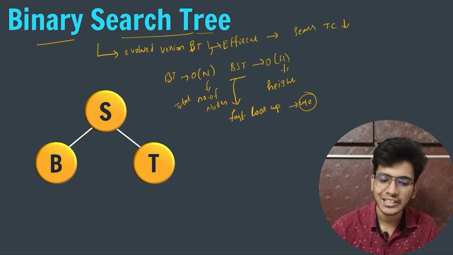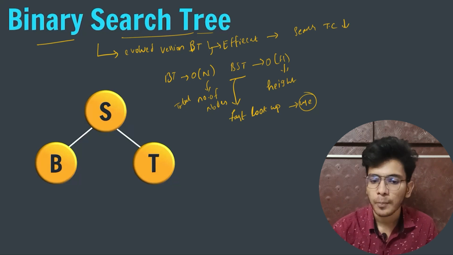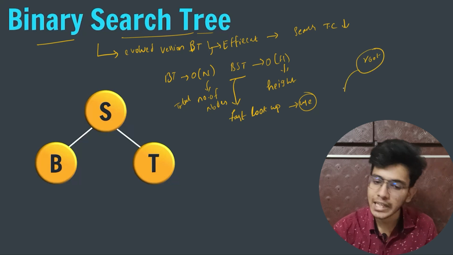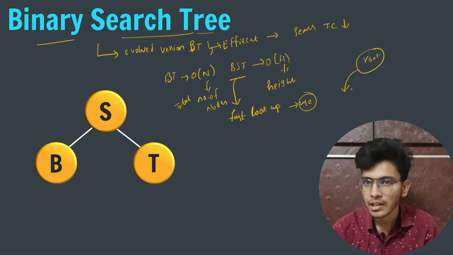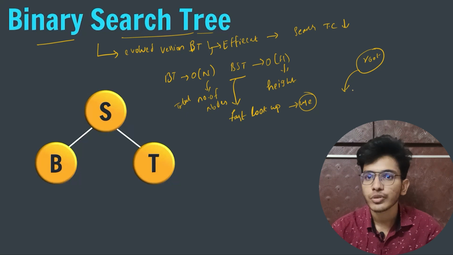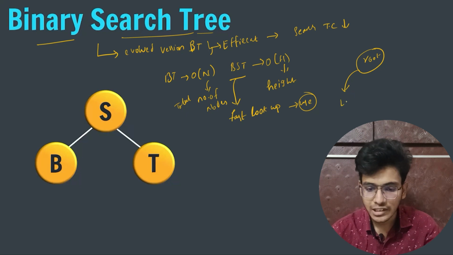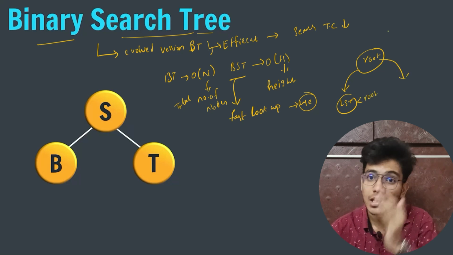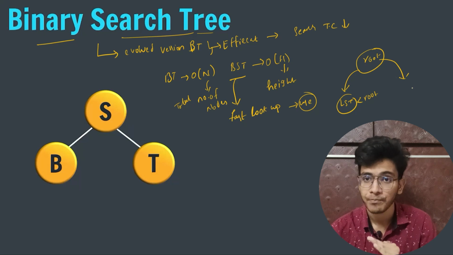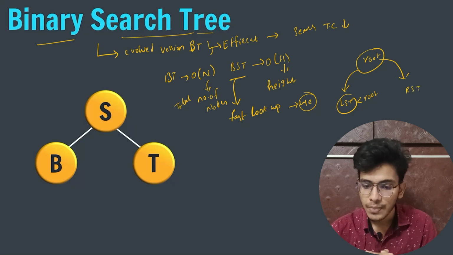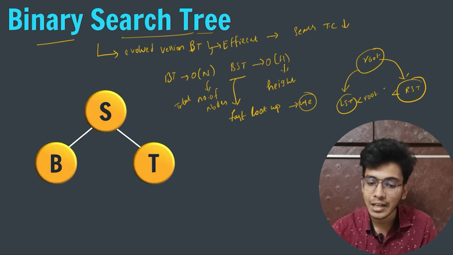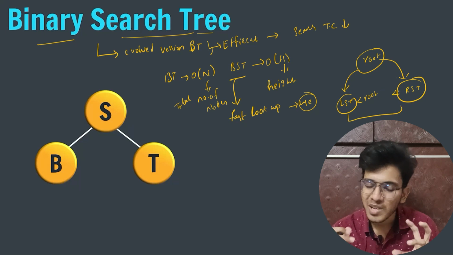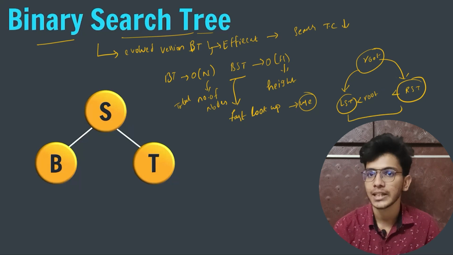The property of BST is that for a particular root node, whatever values I get in the left subtree should be less than my root node, and whatever values I get on the right side subtree should be greater than my root node. This is the main property of a binary search tree.